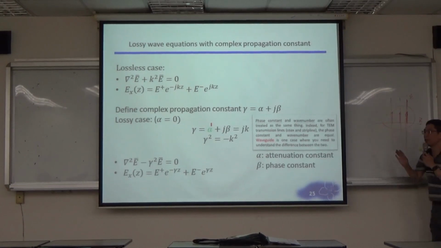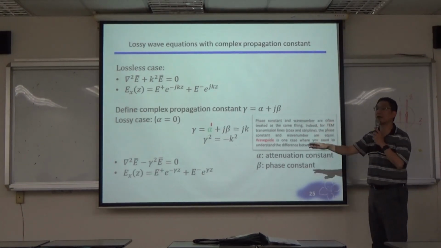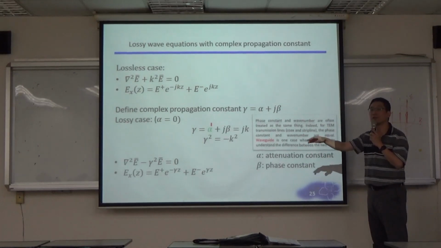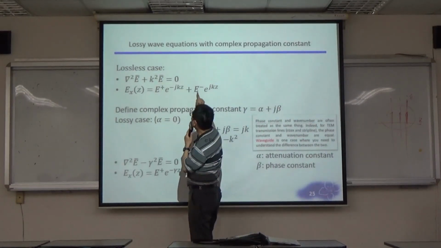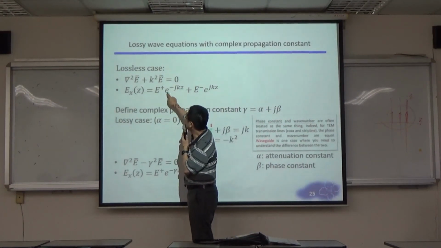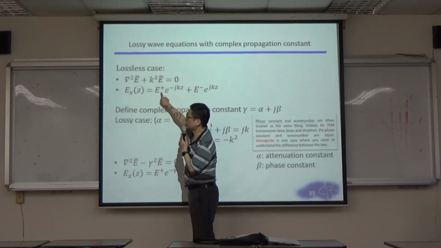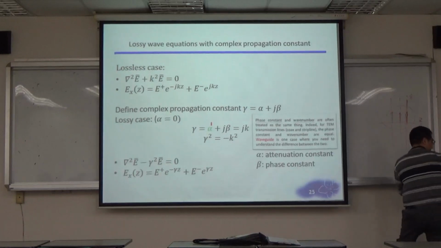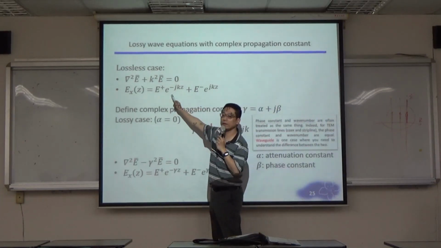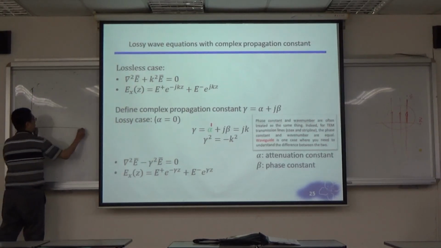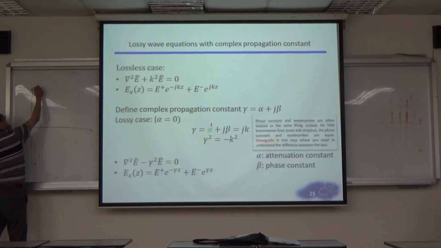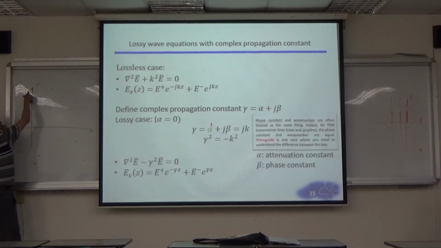We think, okay, the wave, it is a cosine field, right? It is a cosine field. If this is a lossless case, your E field here, you can think of this as a magnitude. This is cosine, right? And then you can write down the magnitude of Ex as a function of z.